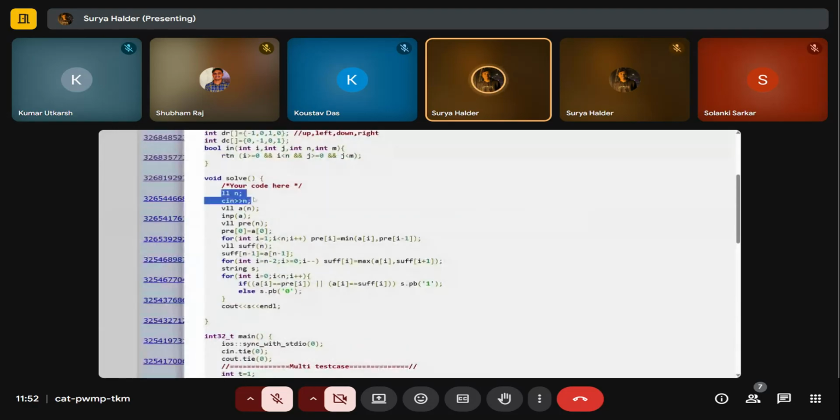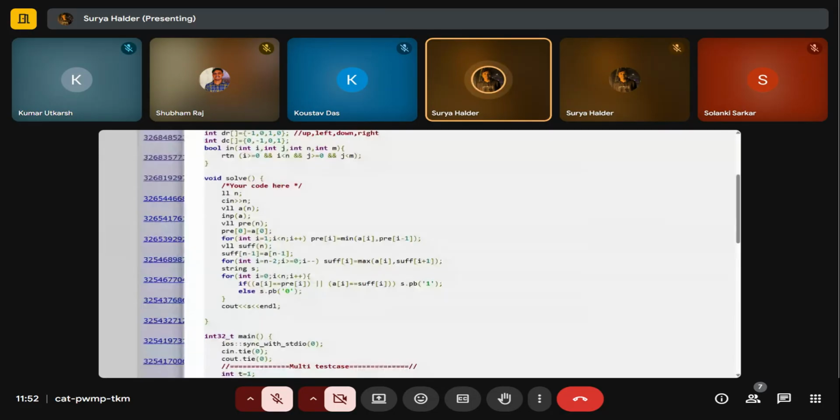So I have taken n as input. I have taken the array as input. See, now for the prefix and suffix operation, if for every index you keep sorting from 0 up to I or from I up to n plus 1 and then find out whether that index is maximum or minimum, then for this maximum or minimum you will be taking big O of n, and this big O of n will be present inside another for loop.